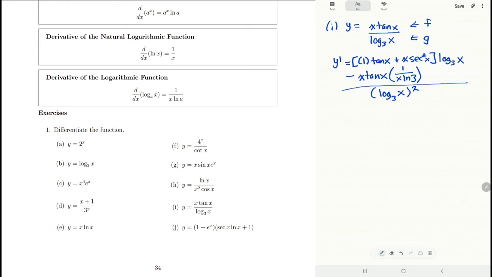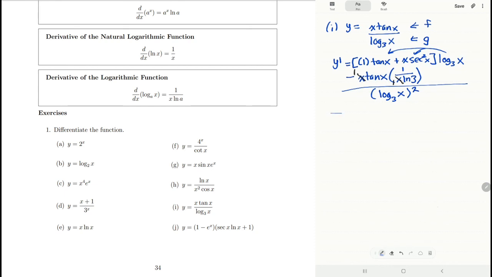So now we can simplify. So we will distribute the log base 3 of x through the brackets. And we can simplify the x's in the other term. So this x and this x can cancel.